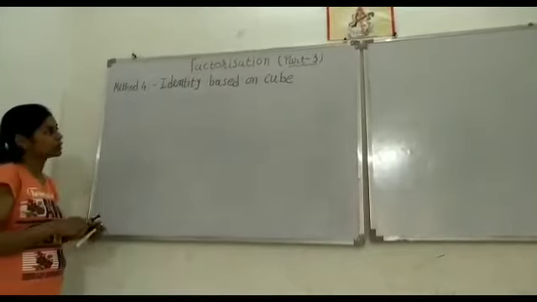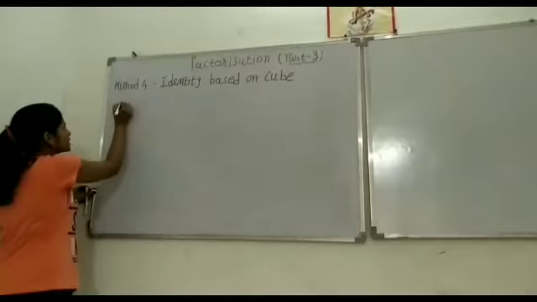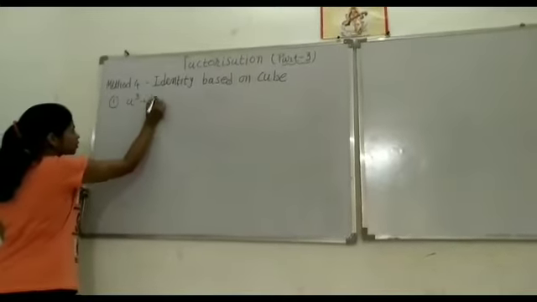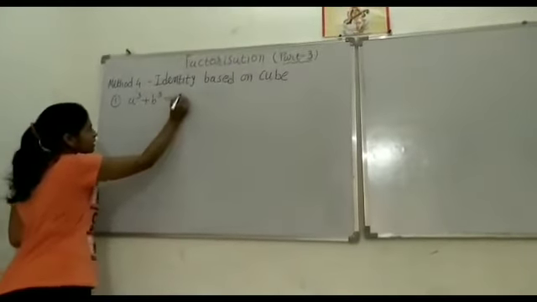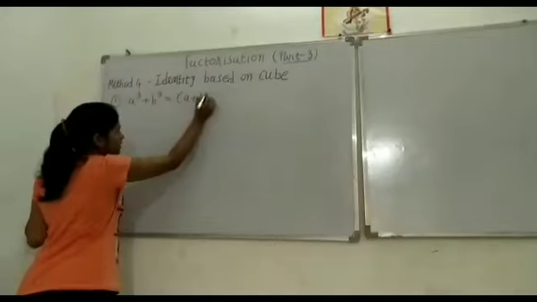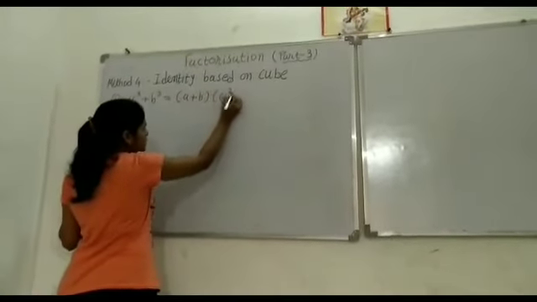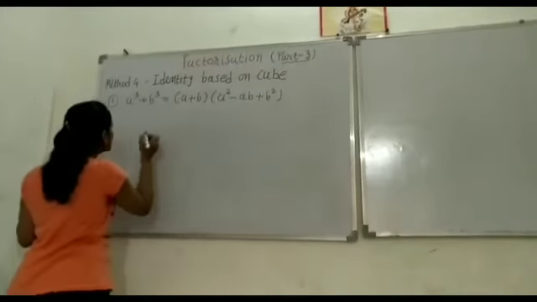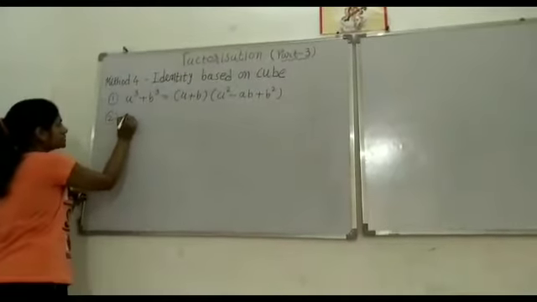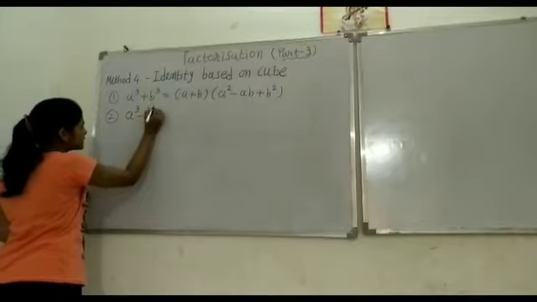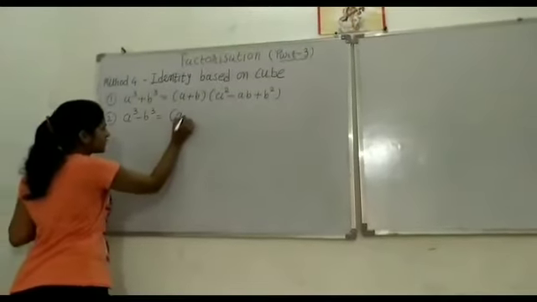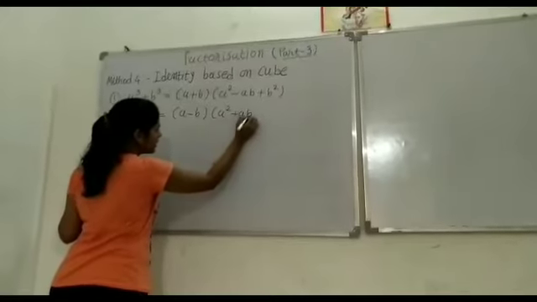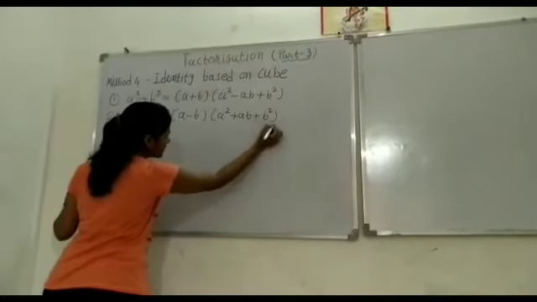Now in cube related, we have the first identity: a cube plus b cube is factorized as a plus b in the first bracket, and in the second bracket a square minus ab plus b square. The second identity is a cube minus b cube equals a minus b times a square plus ab plus b square.